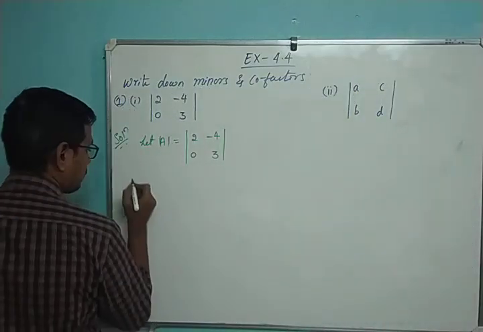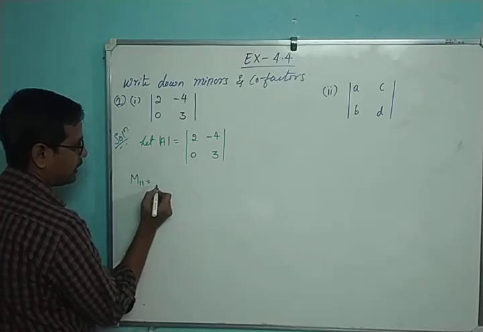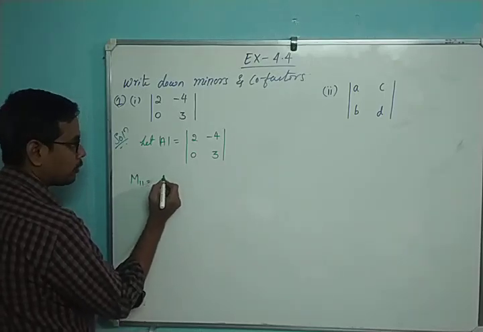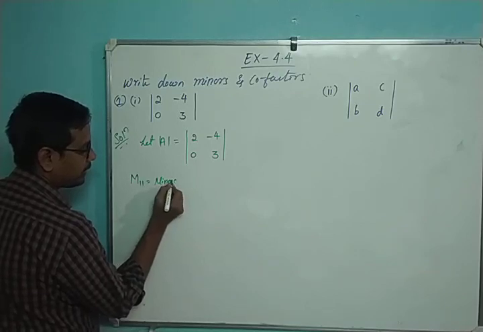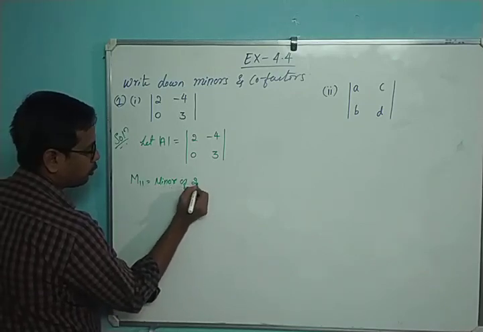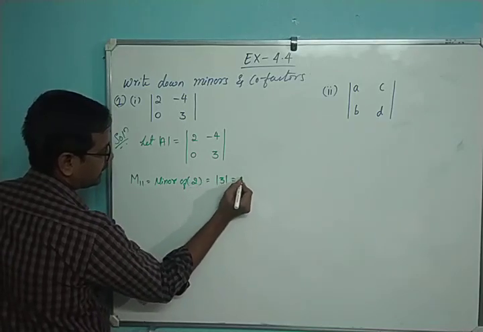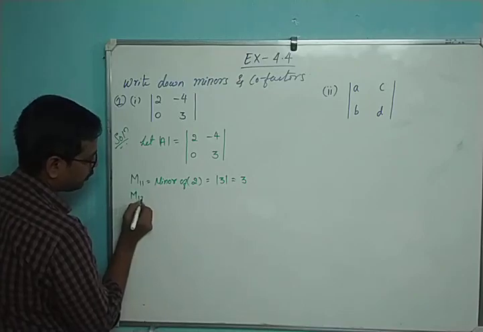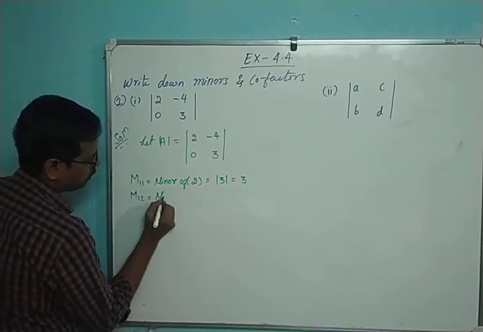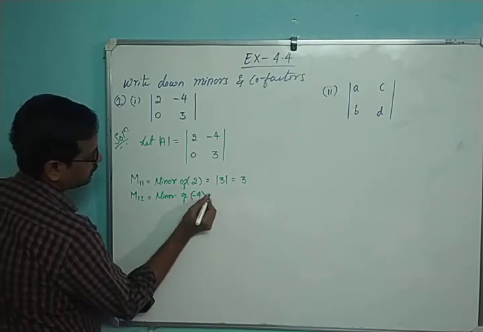So M11 is equal to the minor of 2, that is equal to the determinant of 3, that is nothing but 3. M12 is the minor of minus 4.